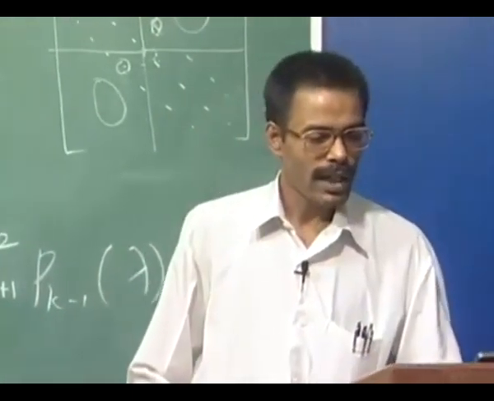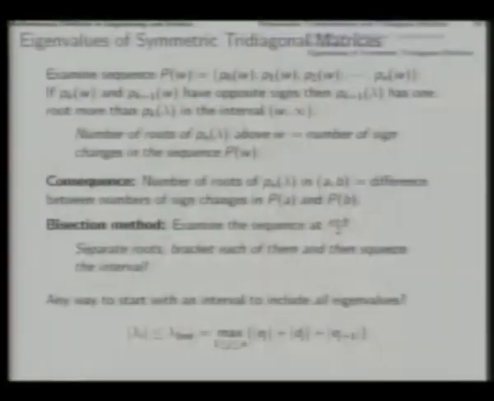All the lambda i's have magnitudes bounded by the maximum over all rows of the sum of the magnitudes of the entries Ej, Dj and Ej plus 1. No eigenvalue of the matrix can have a magnitude larger than that.